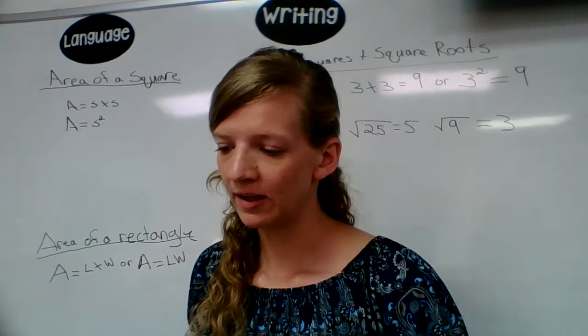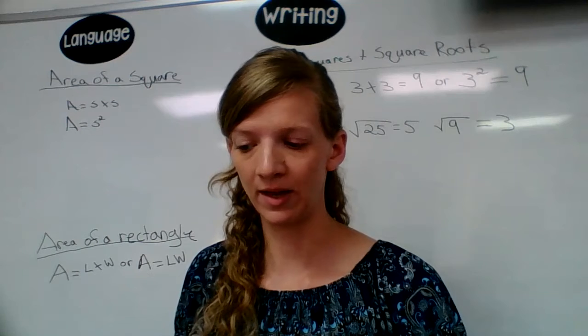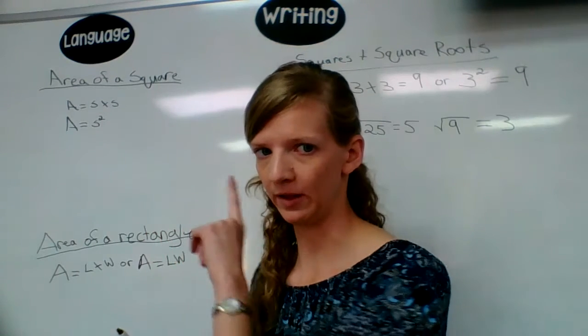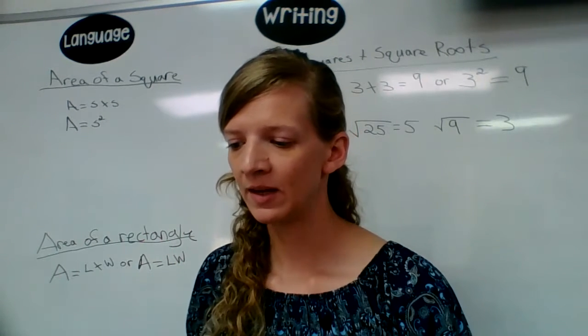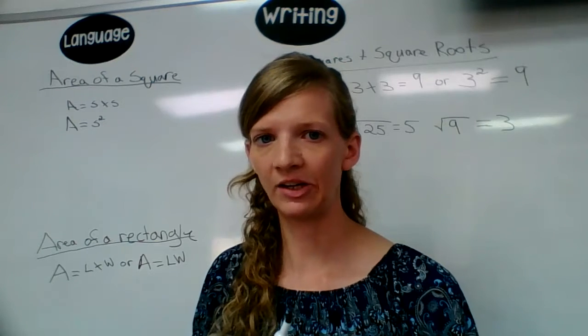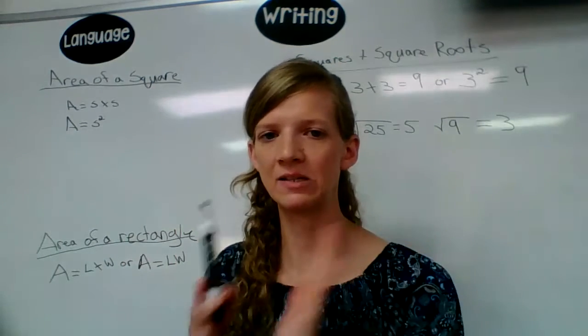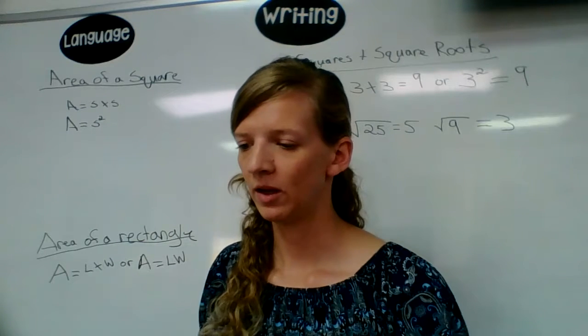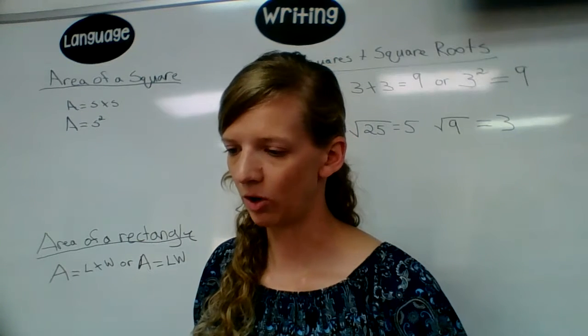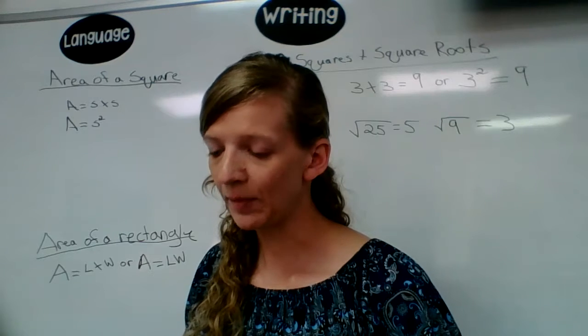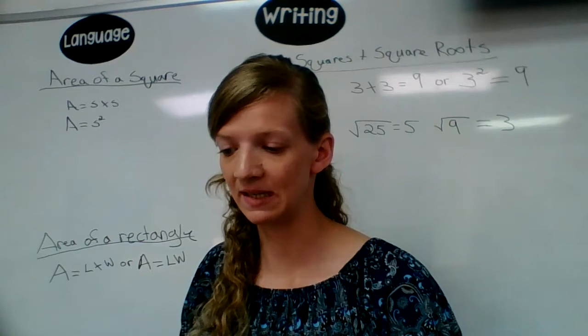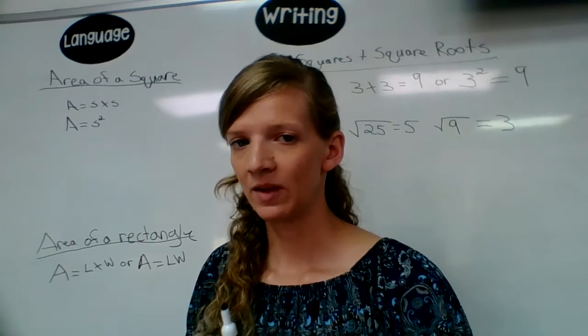His yard is a square, so you know you're going to use the square formula because it's not a rectangle, it's a square. It is 30 feet on each side. If one side is 30 feet, that means every side is 30 feet, because that is how squares are. They're all equal. How many square feet of grass must he plant? So how many feet of grass does he need?